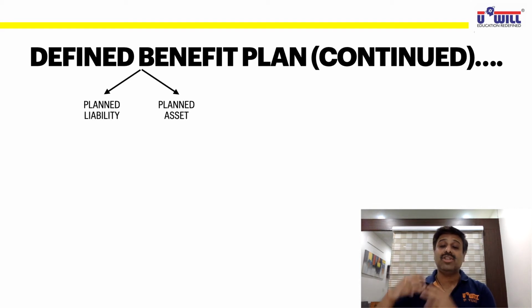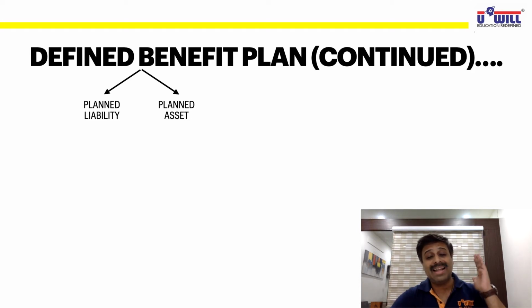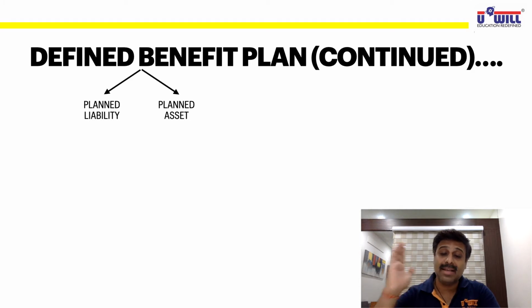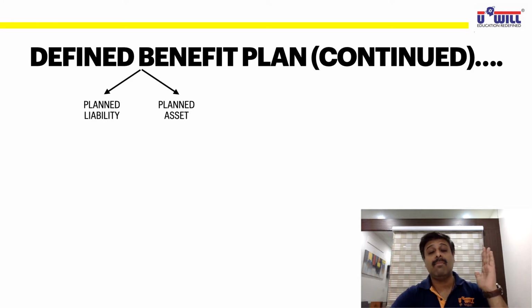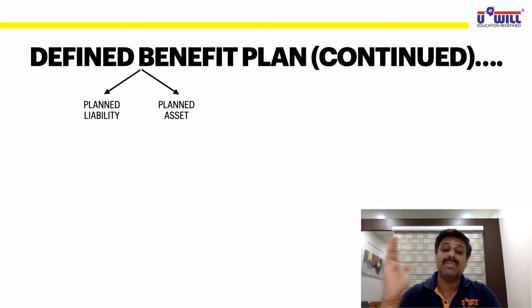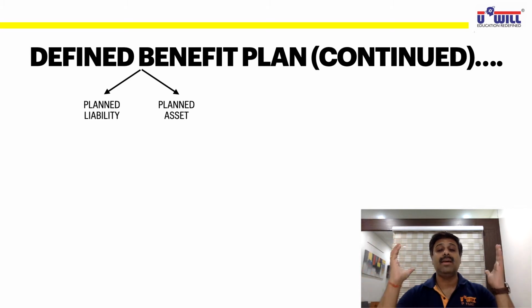So whatever is the maturity value of the investment plus the returns we get every year will be sufficient to pay the employee when they retire from the organization. So two things are there in defined benefit plans. First, we have to plan the liability, and second, we have to plan the asset. Liability towards the amount payable for gratuity, pension, etc. Asset means we have to plan our investments accordingly so that the amount can be accumulated.